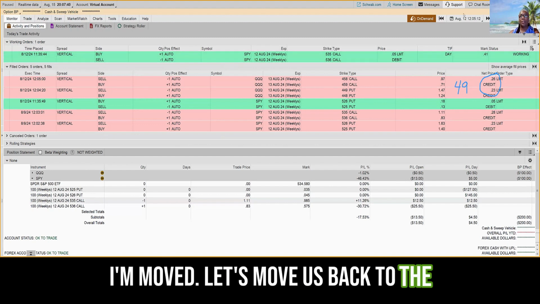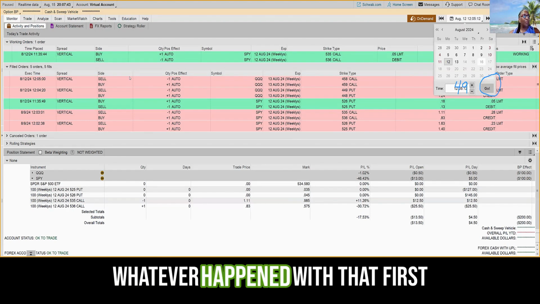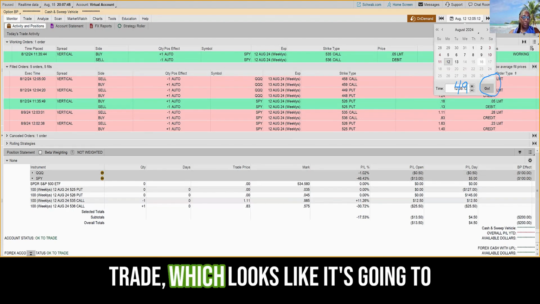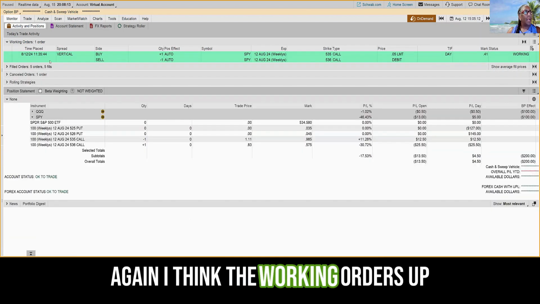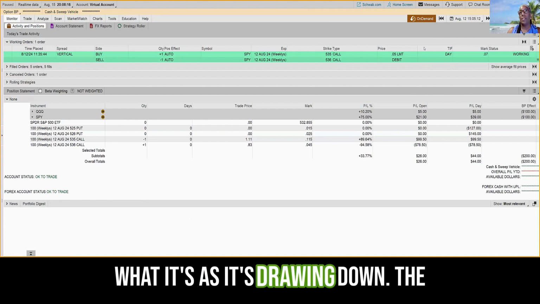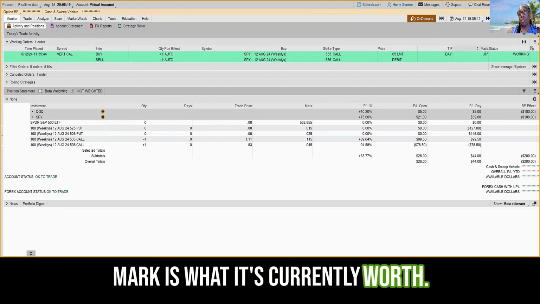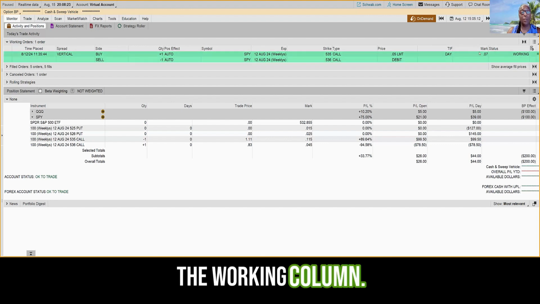Let's move us back to the end of the day so that way we can see whatever happened with that first trade, which looks like it's going to close itself down. Again, I leave the working orders up here because I want to be able to see it as it's drawing down. The mark is what it's currently worth. Price is what I want to pay up here in the working column.